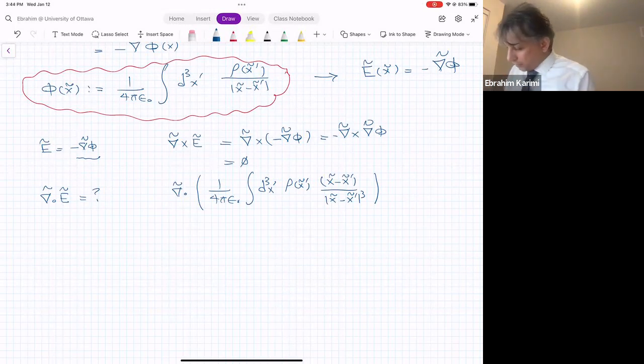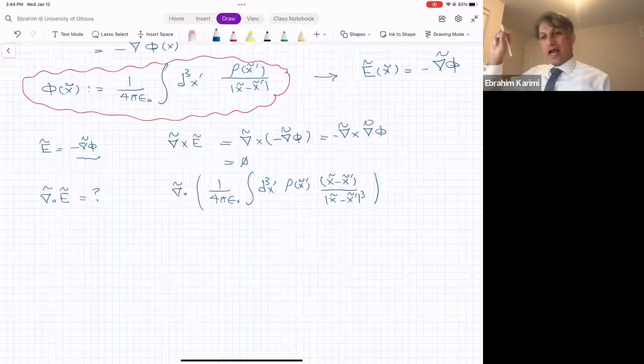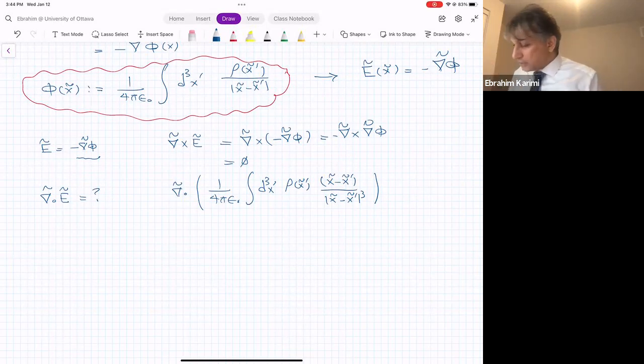Good. So the divergence is the derivative with respect to x1, x2, and x3, and the integral is on the x prime. So the divergence will go inside of the integral, and the only element that is a function of x is that part. The rest are functions of x prime.